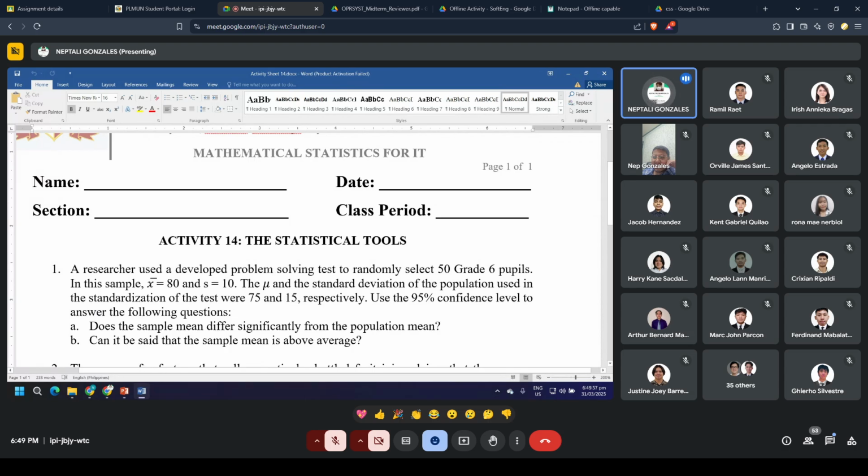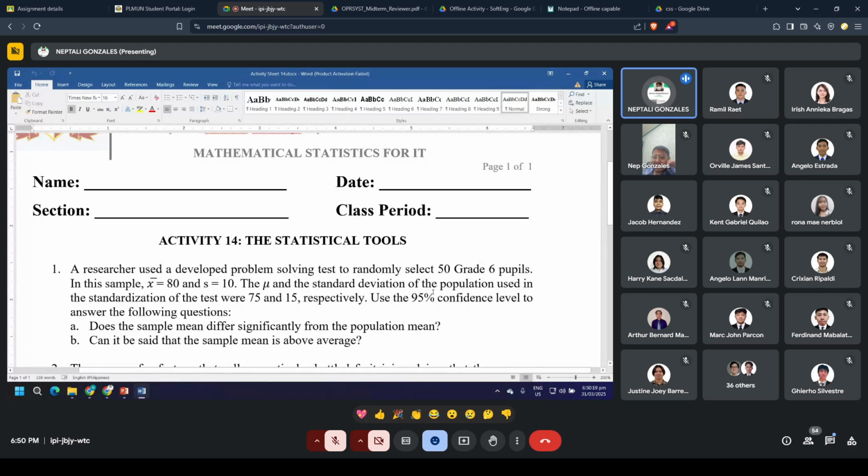So 75 is the mean of the population, and 15 is the standard deviation of the population. This is the sample standard deviation and the sample mean.